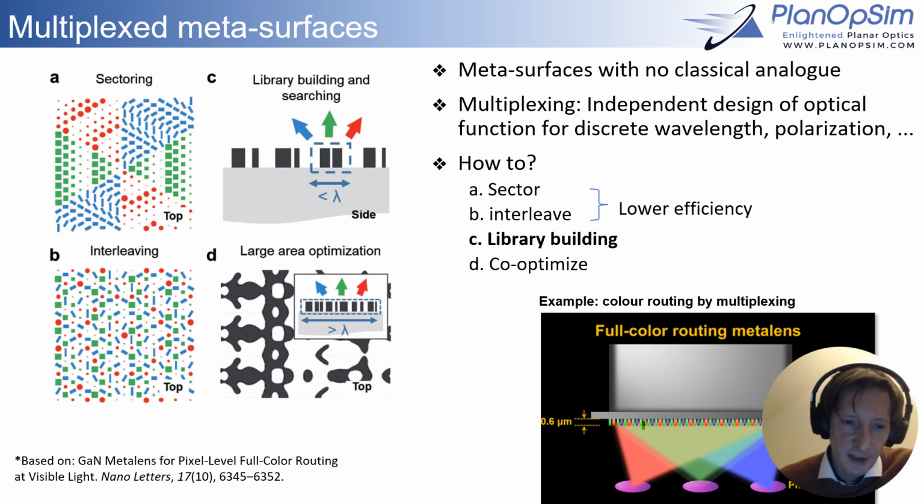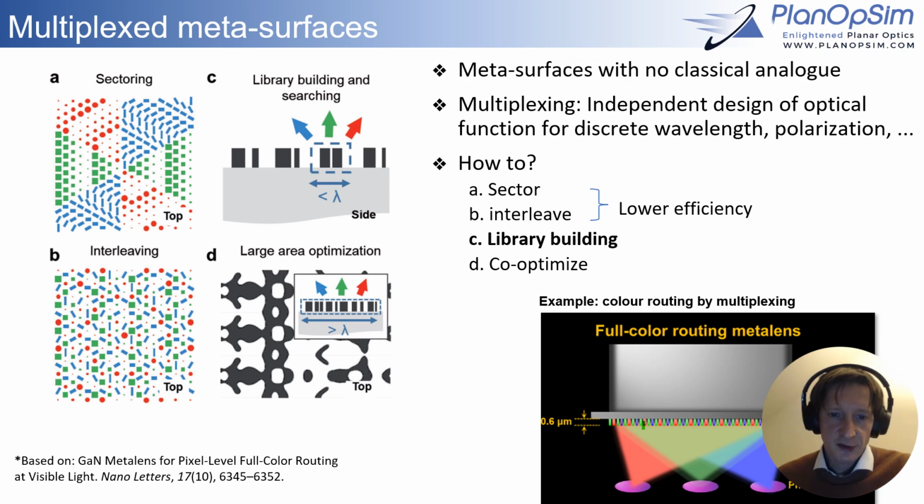The first one is sectoring, applying different profiles to different regions of our surface. The second one is interleaving, mixing up different components with different meta-atoms with different functionalities over the whole area of the component.